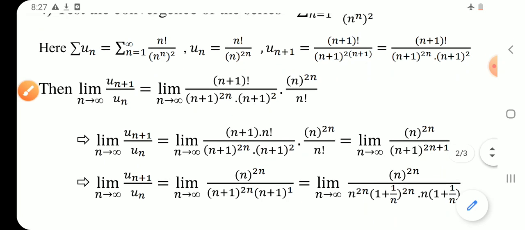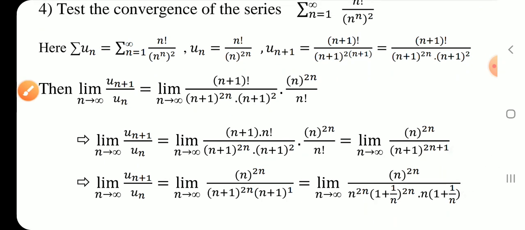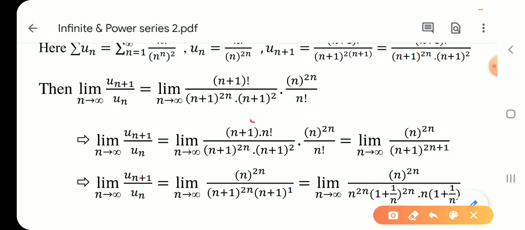To simplify, as we have done in the previous two problems, n plus 1 factorial I will write as n plus 1 into n factorial. Denominator written as it is.